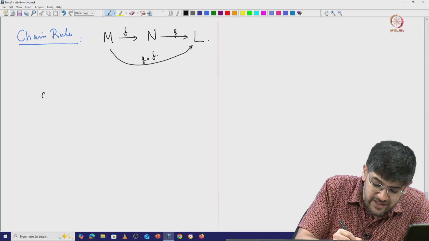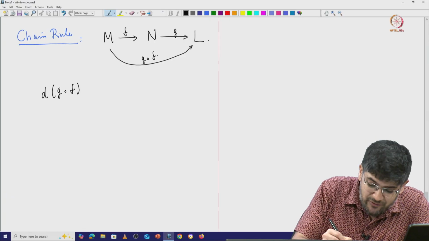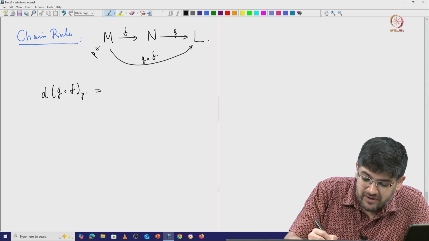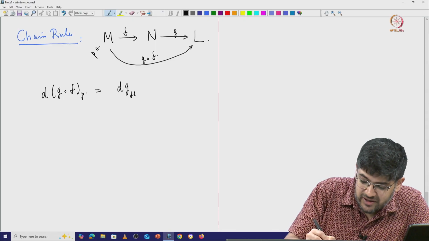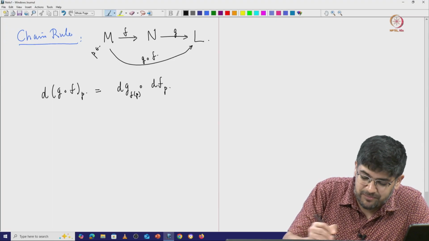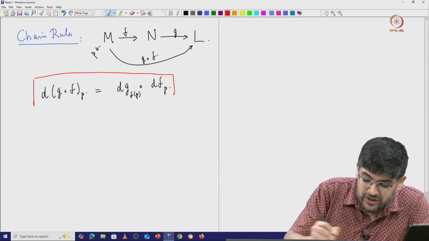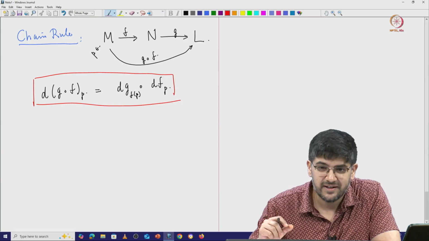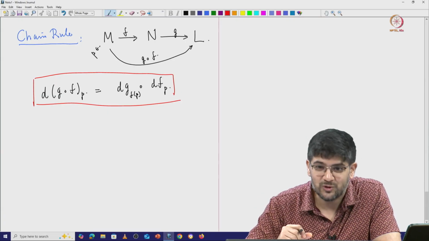Then the chain rule says that the derivative of g composed with f at some point p in M is just going to be the derivative of g at f(p) composed with the derivative of f at p. Okay, so the derivative of a composition is a composition of derivatives. That's basically the chain rule in all its glory, right?